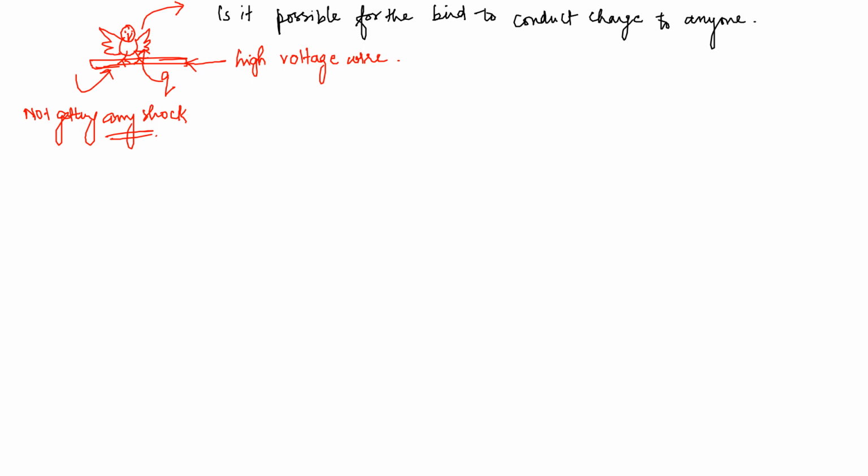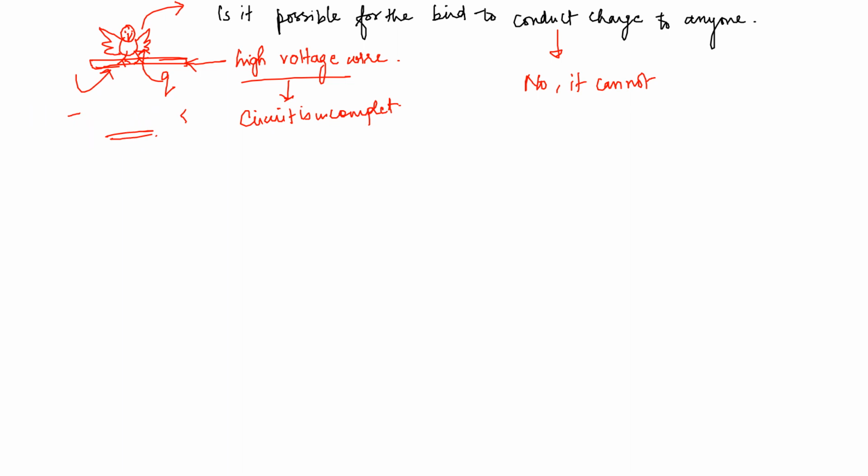The answer to this question is no, it cannot. Why so? You can see the circuit is incomplete. How? Because there is no other source or sink. We have a source of the charge, but there is no sink for the charge to go. That's why the circuit is incomplete.